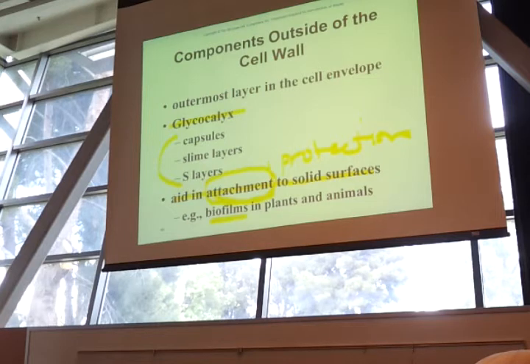That's why something like plaque on teeth and other biofilms are especially hard to combat, because the substances that they secrete really protect that colony itself. So it's a little bit misleading that that's the example they mention here as far as the glycocalyx in general.